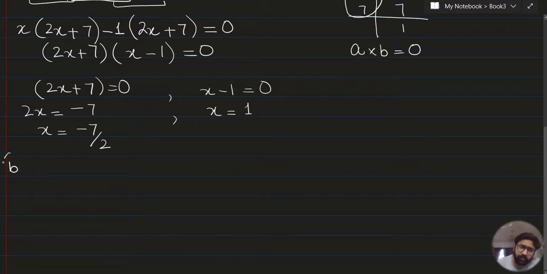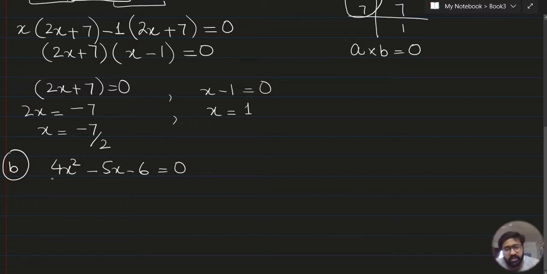So these are the two values of the equation, part A. Now let's do part B. B part is 4x square minus 5x minus 6 is equal to 0. Now again, let's try to figure out if factorization by middle term breaking is possible or not. Again, we are going to do 4 multiplied by minus 6, we get minus 24.